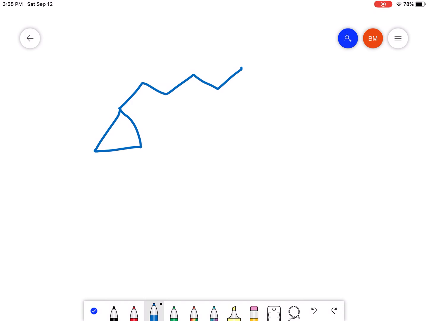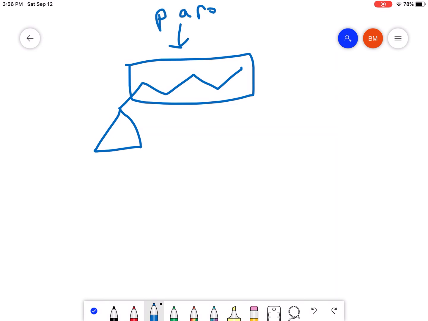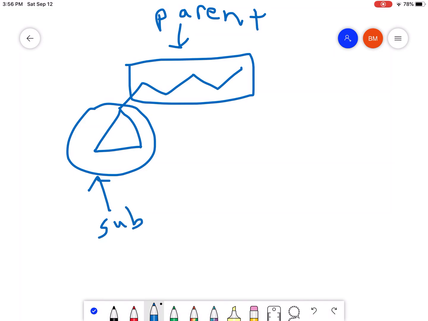However, you will run into some cases where you have a ring with an acyclic carbon chain on it, and the acyclic chain is larger than the ring. In those cases, the larger part is the parent. So in this case, the straight chain part would be the parent, and this guy would be the substituent. Okay? So your parent chain is 5 carbons. It's going to be pentane.